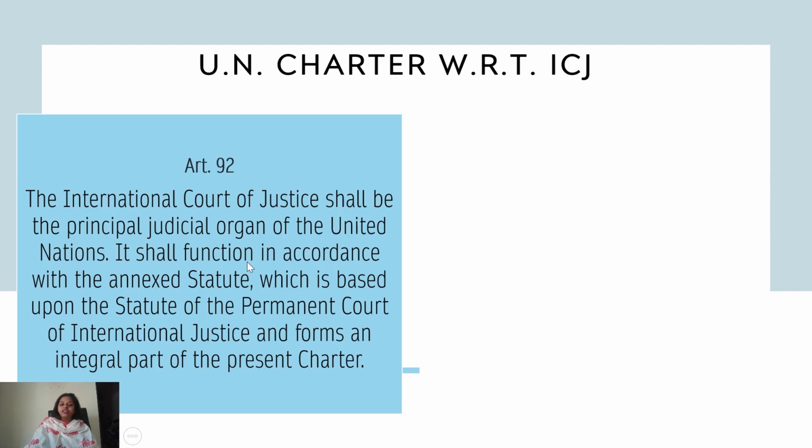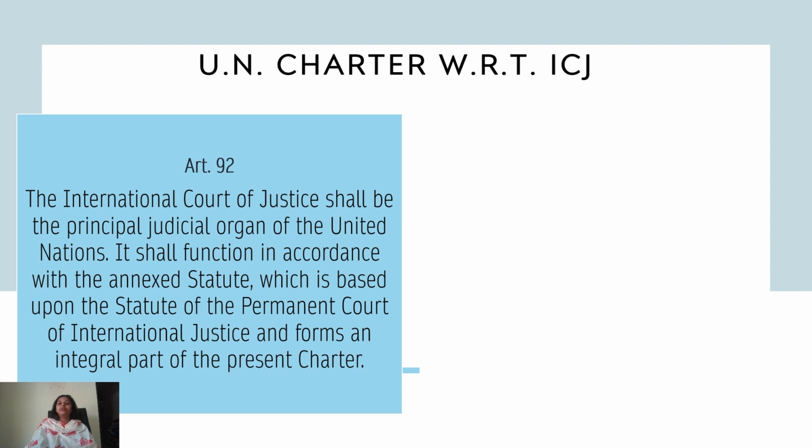It shall function in accordance with the annexed statute, which is based upon the statute of the Permanent Court of International Justice and forms an integral part of the present charter. So, as I mentioned before, in the Charter of the United Nations there is an annexure.